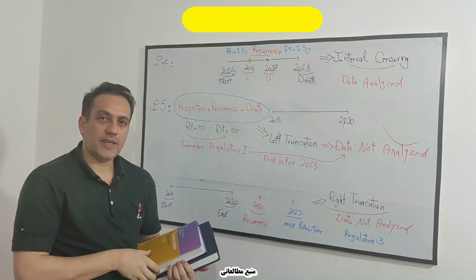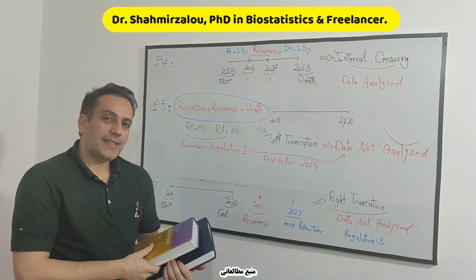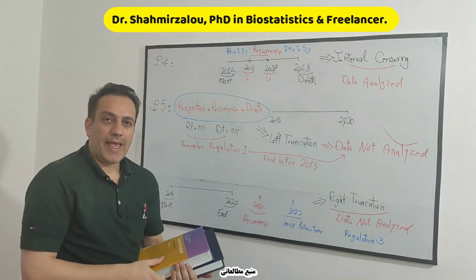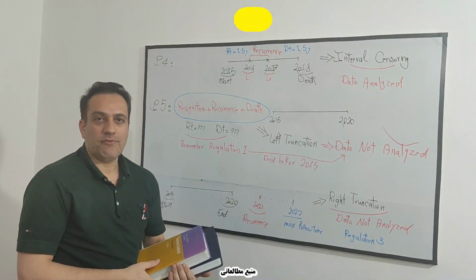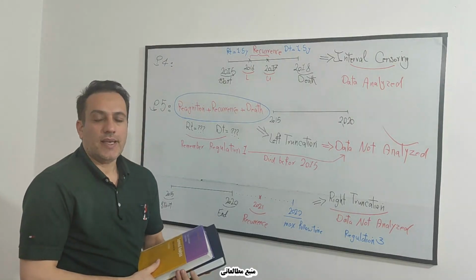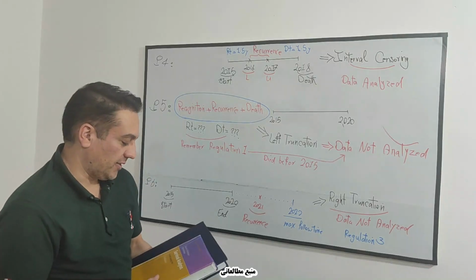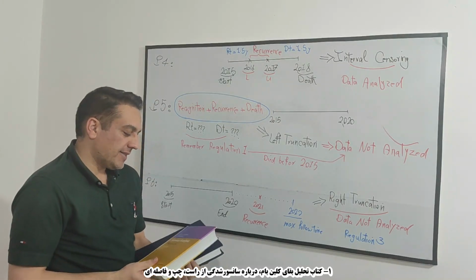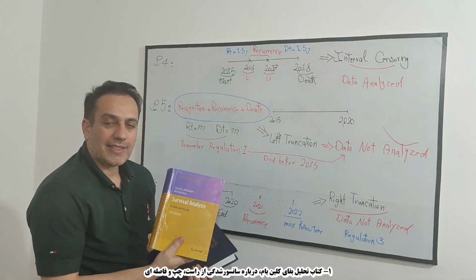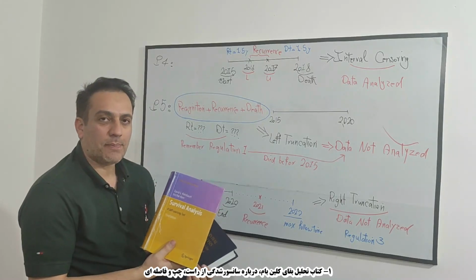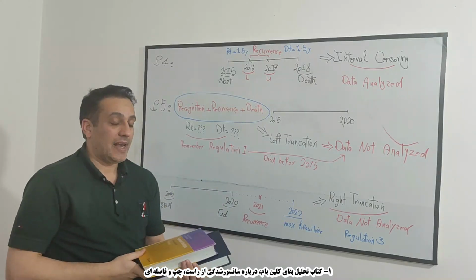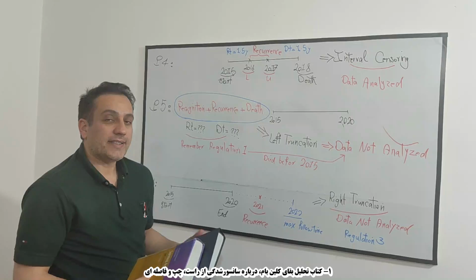Okay, dear friends, I read these books and used information in these books about censoring and truncations. This book is Survival Analysis by Kleinbaum and explains censoring: left, right, and interval censoring.